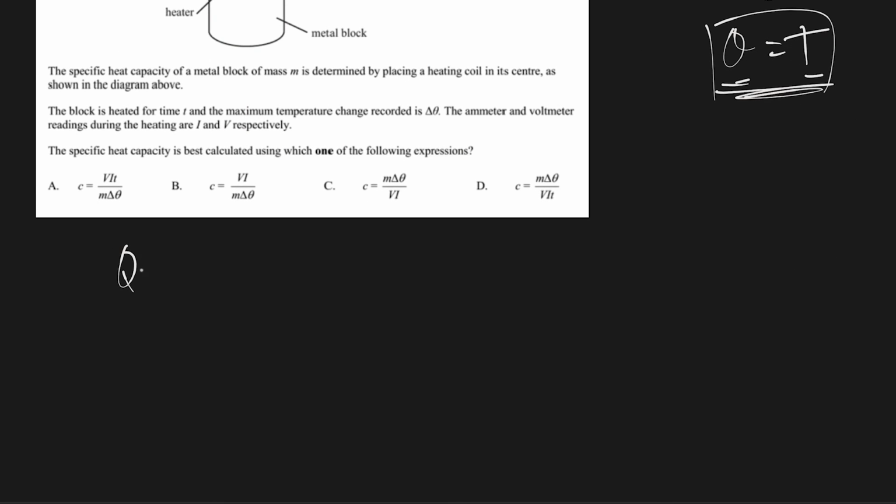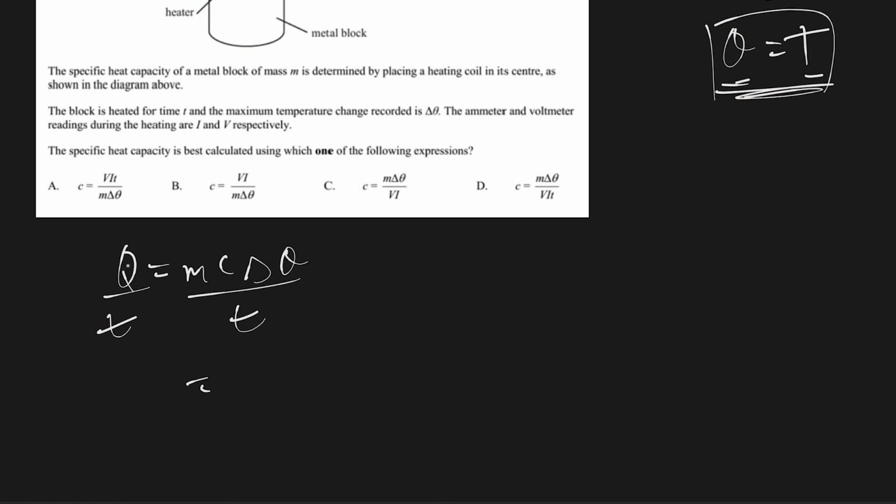And we can use the equation that we use, Q equals mcΔθ. Here I'll use Δθ because they're using Δθ in this question. So we realize that we can use time. So let's divide by time, because we know there's going to be some power that the heater has, right?